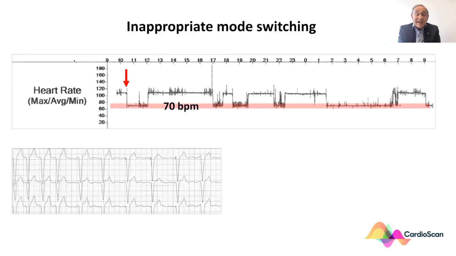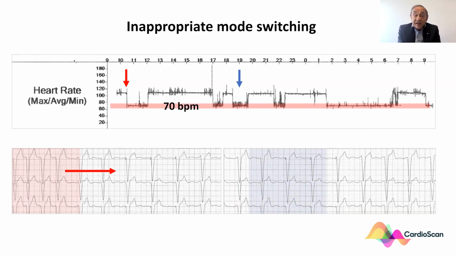And when we look at the electrocardiographs, we can see where the red arrow occurs that there is a transition from dual chamber rapid pacing to a pacing which is just VVI. And during the tracing, during the period where it's 70 beats per minute, it is simple ventricular pacing, in this case, just VVI.